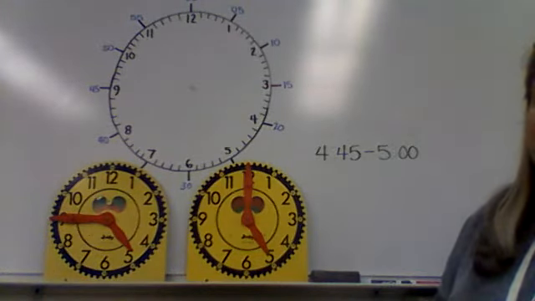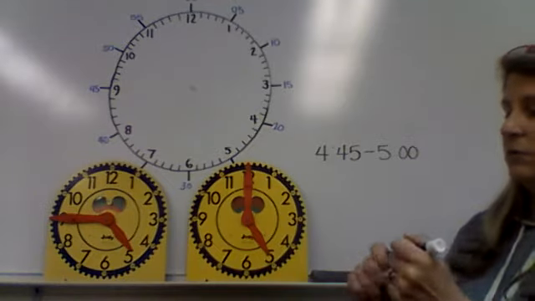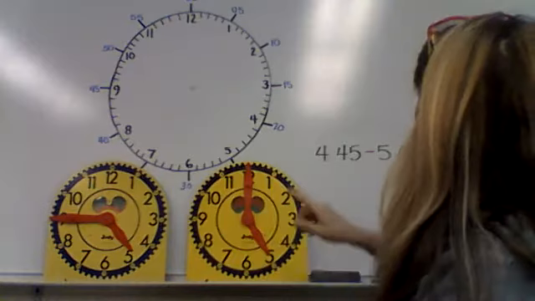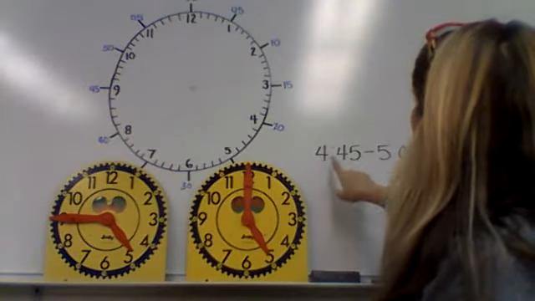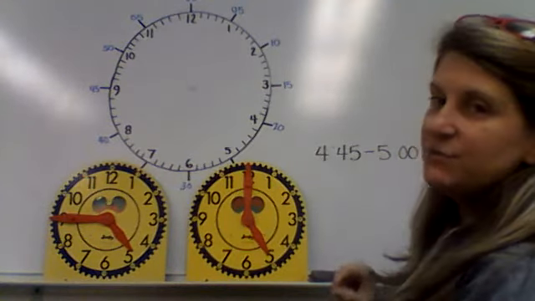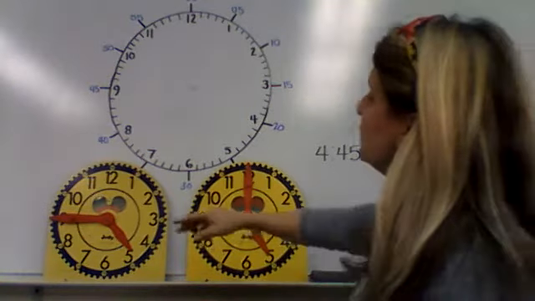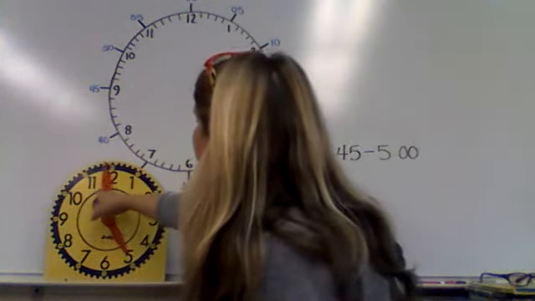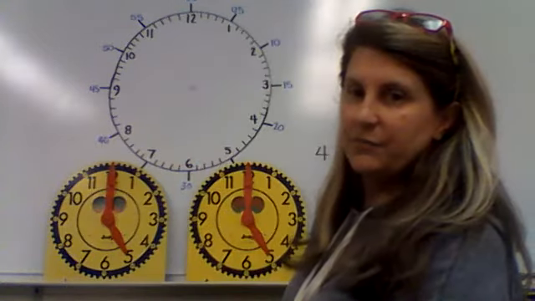Okay, if we look at the clock, even though we change from 4 to 5, it hasn't been a whole hour because we've just gone from 4:45 up to 5 o'clock.